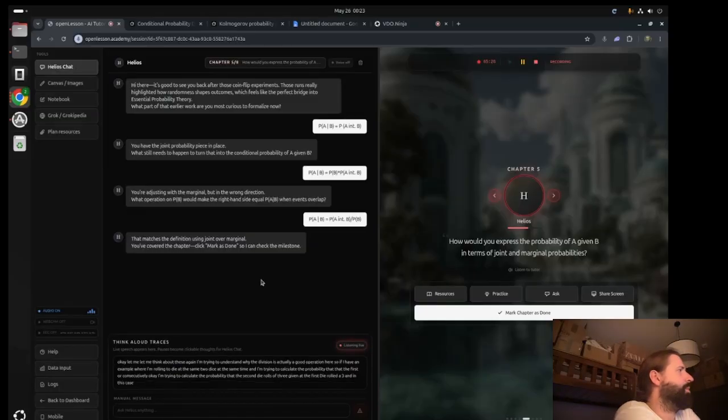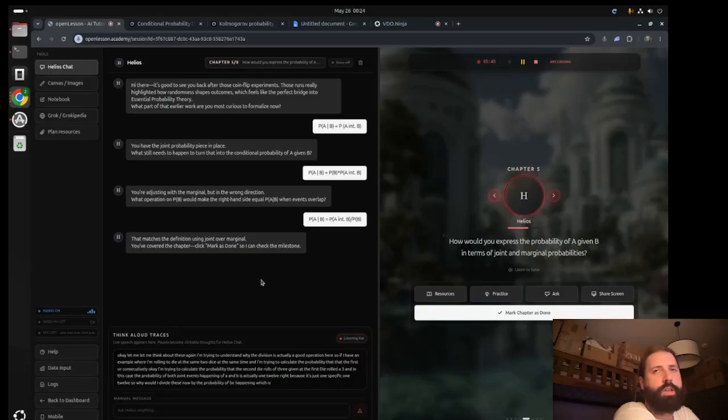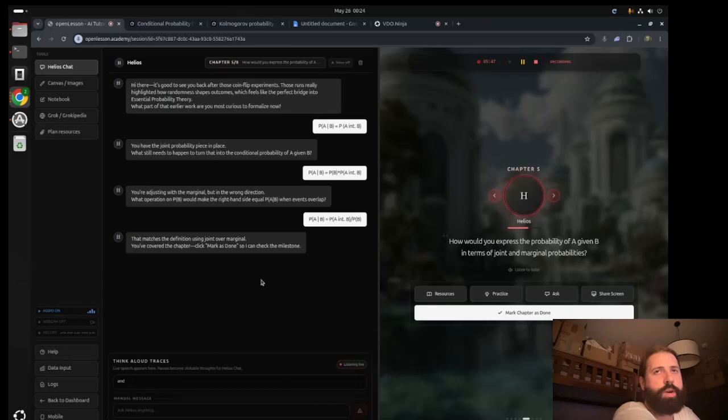In this case, the probability of both joint events happening, A and B, is 1/12, right? So why would I divide this by the probability of B happening, which is 1/6? And if you divide these, 1/6 divided by 1/12.